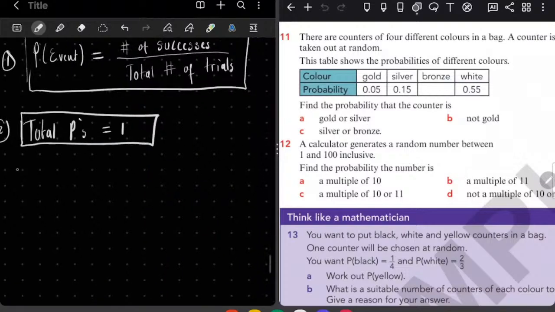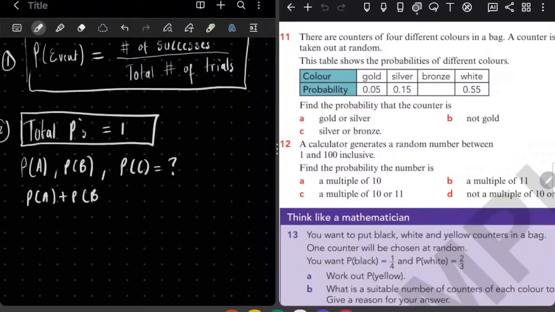So if they give you probability of A and probability of B, then they ask for probability of C, maybe you don't have it. You can say probability of A plus probability of B plus probability of C should give you 1. Do not forget, probabilities add to give you 1.